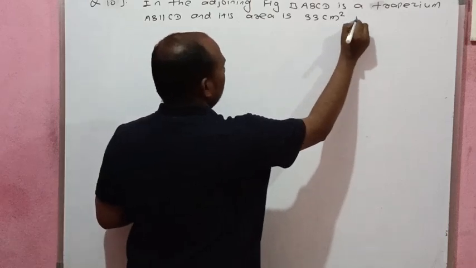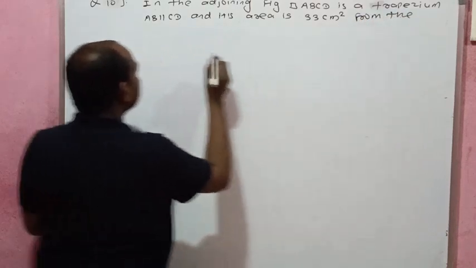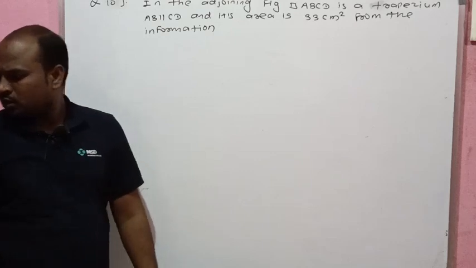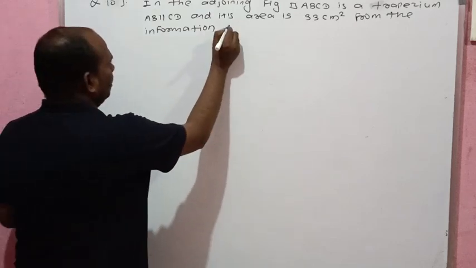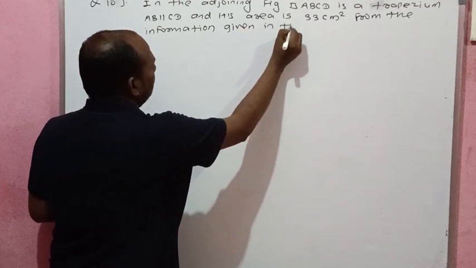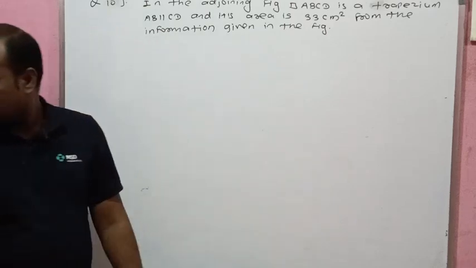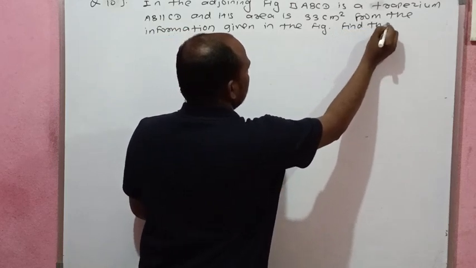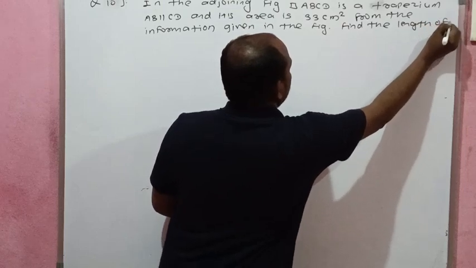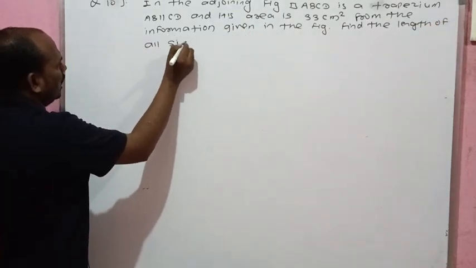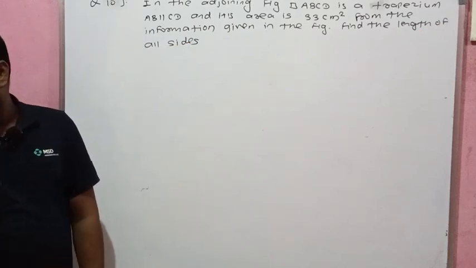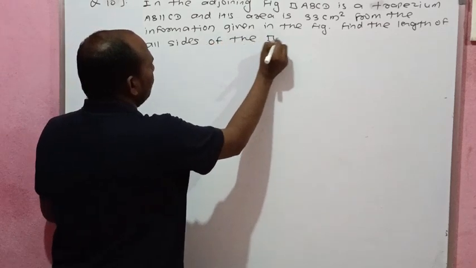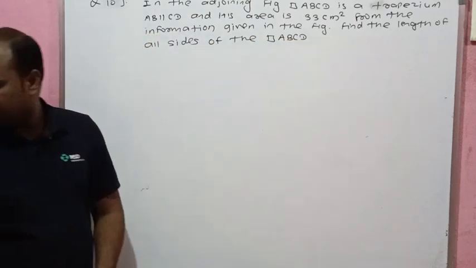From the information given in the figure, find the length of all sides of the quadrilateral ABCD.